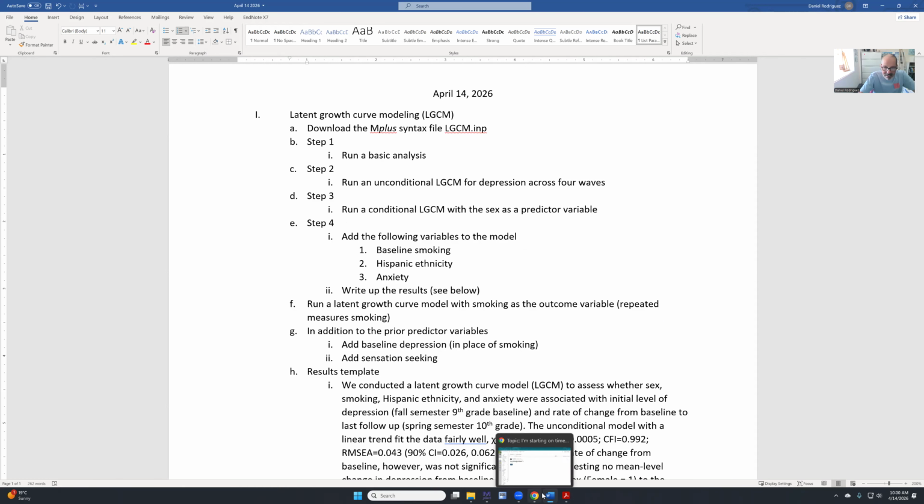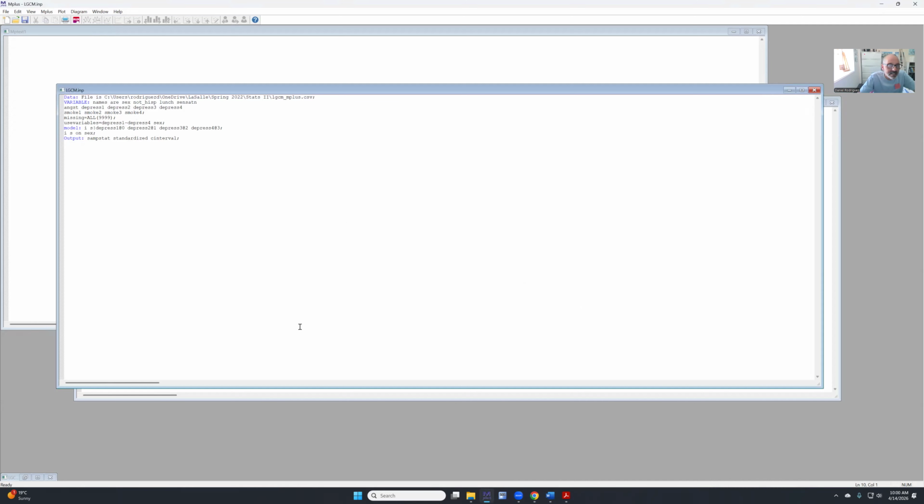All right, so let's add these baseline smoking and ethnicity here. So that would be smoking at time point 1. I can just add them all here. I should probably put Hispanic before that, right?